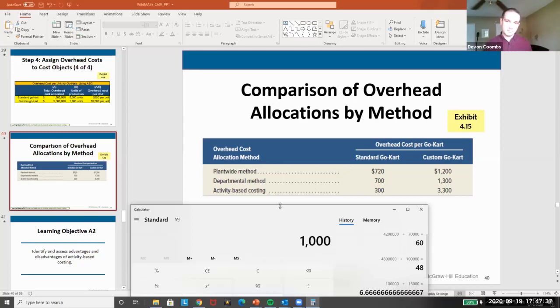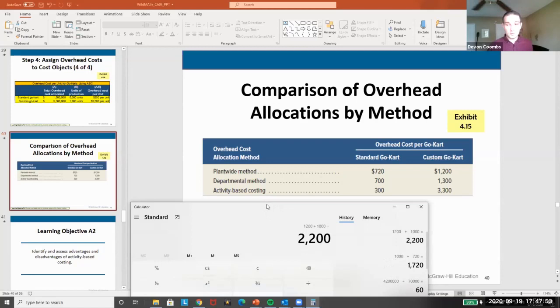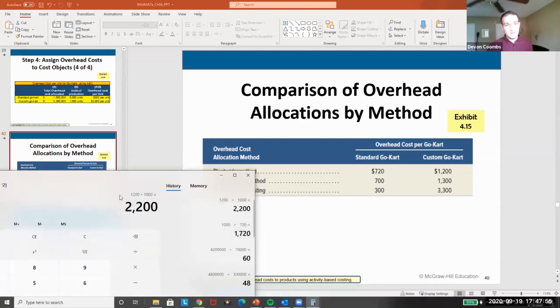Okay, to make it simple, no matter what, we know that direct material, direct labor is $1,000. So using the plant-wide method, our standard go-kart costs us $1,720 to make, and our custom go-kart costs us $2,200 to make. And let's say we can sell the custom go-kart for $3,000 and the standard go-kart for $2,500.